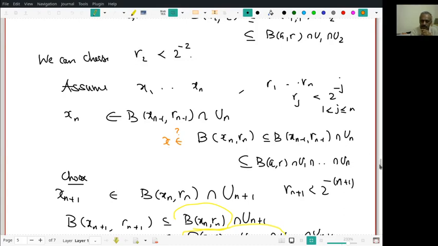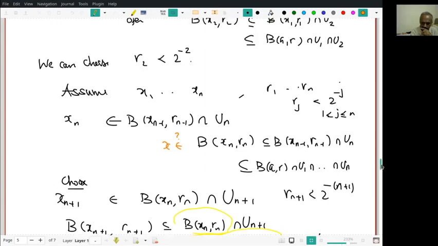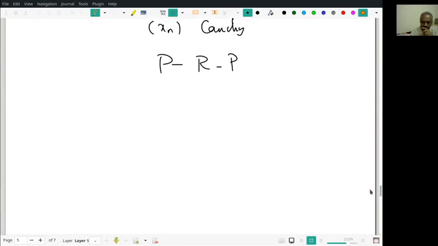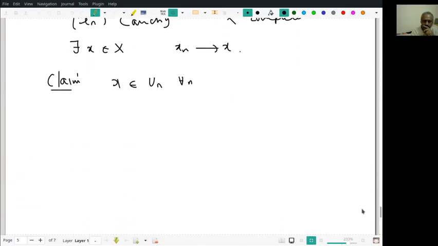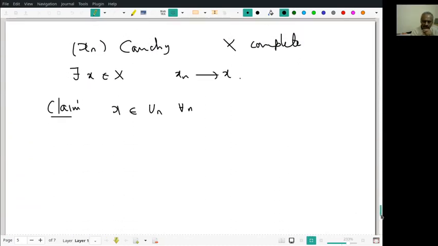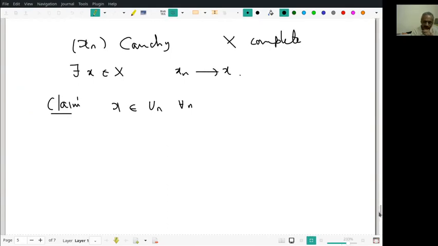Now how do I show that? This is where an interesting thing comes. The first thing I want you to observe is, let us look at xk where k is greater than or equal to n.